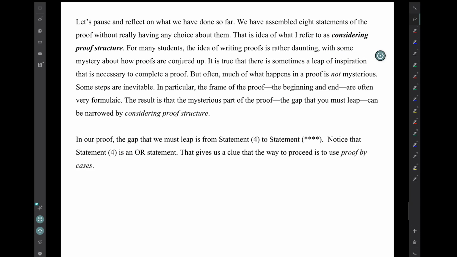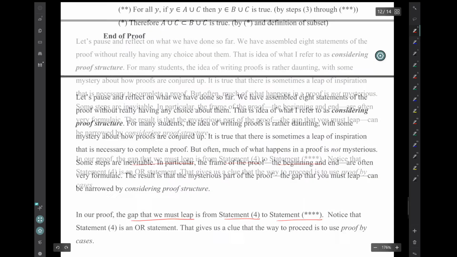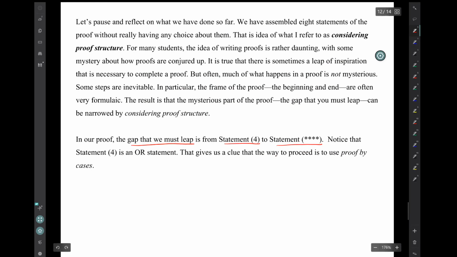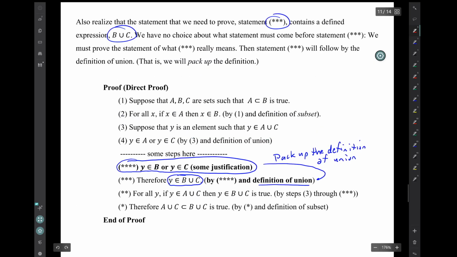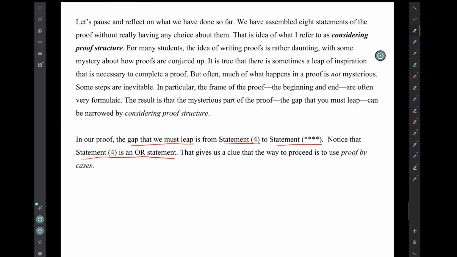Now, in our proof, the gap that we must leap is from statement 4 to statement 4 asterisk. Notice that statement 4 is an OR statement. Statement 4 says y is an element of A or y is an element of C. That gives us a clue that the way to proceed is to use what's called proof by cases.